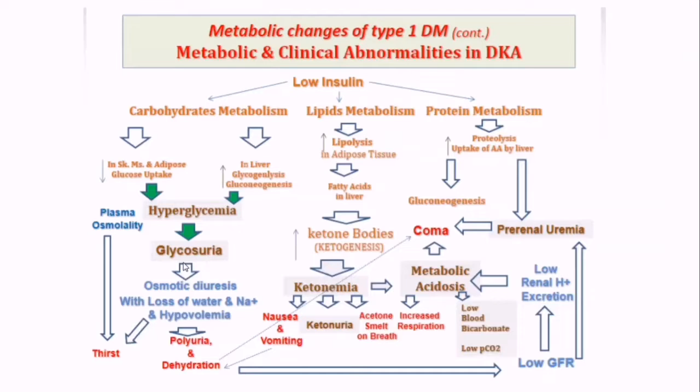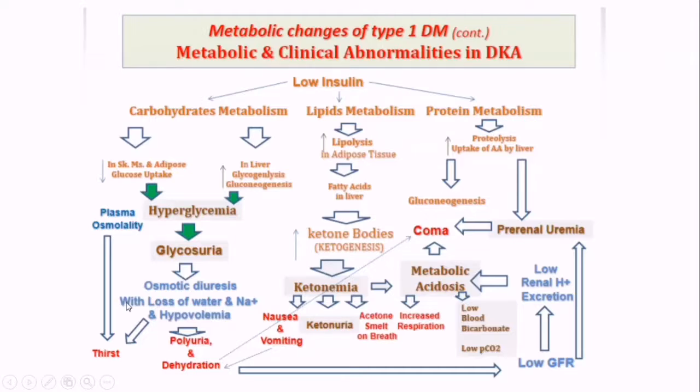Now the metabolic and clinical abnormalities in diabetic ketoacidosis: low insulin will affect carbohydrate metabolism, lipid metabolism and protein metabolism. As shown in the previous slide, skeletal muscle and adipose tissue glucose uptake is reduced, which results in hyperglycemia, and this leads to glycosuria. This is because of osmotic diuresis, because the plasma osmolality is increased due to the increased glucose quantities.